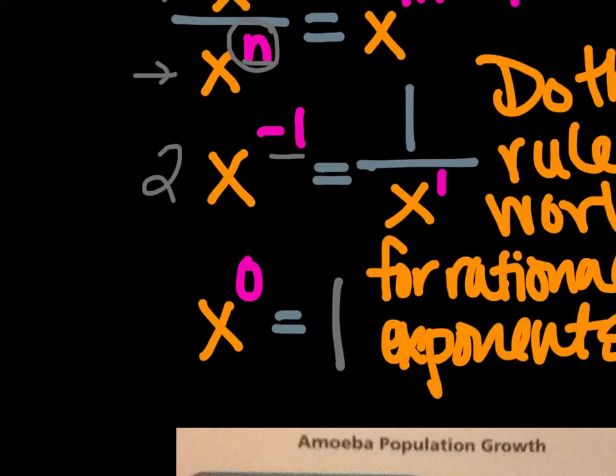Now this one didn't have a 2 in it, so we could also write this one as just saying we have our 1 here, and now we're dividing that 1 by x to the first power. And our very last property is the zero exponent property, and that's any number, a half or a million, doesn't matter, or even -274,003, raised to the 0 power, no matter what, will get us 1.